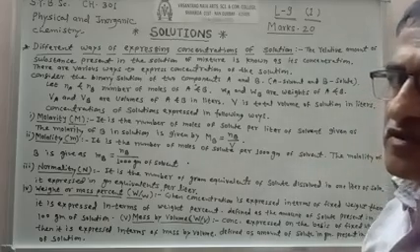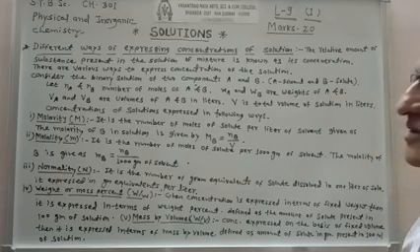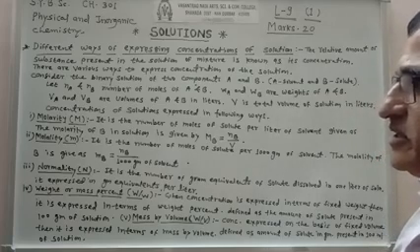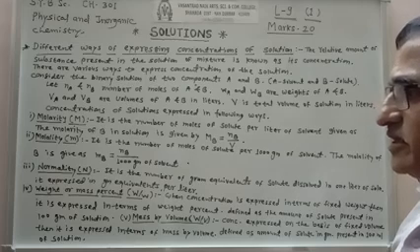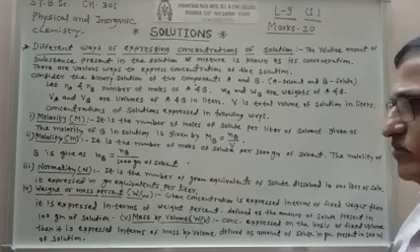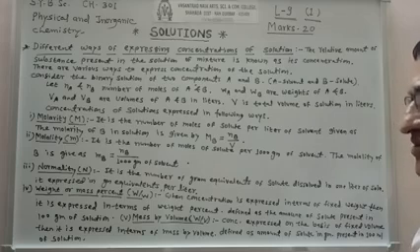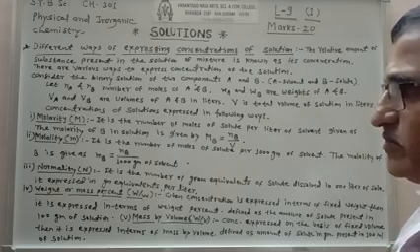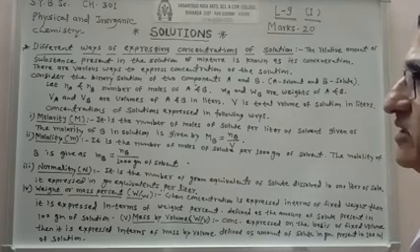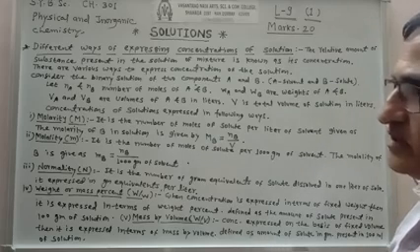The concentration can be expressed in different terms, that is molality, molarity, normality, weight by mass percent, weight by volume percent, and mole fractions. So these are the different ways for expressing the concentrations.